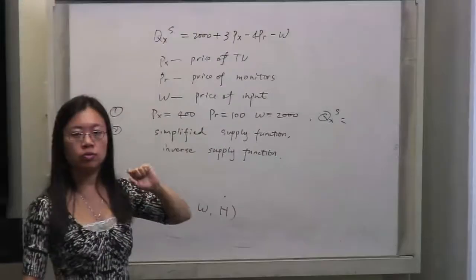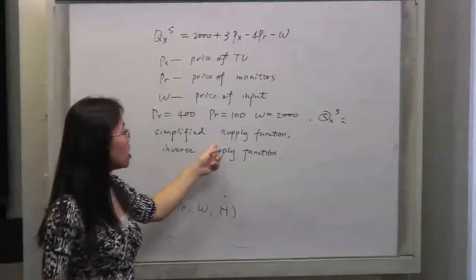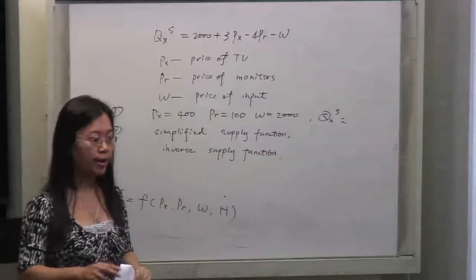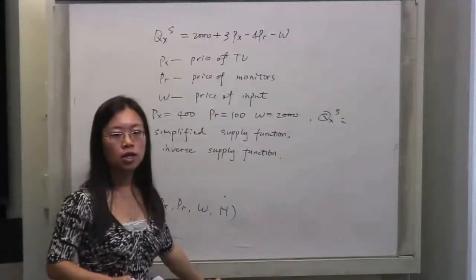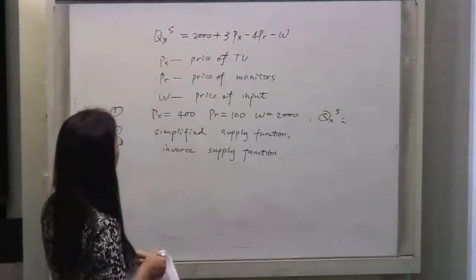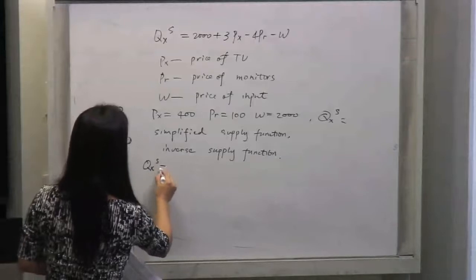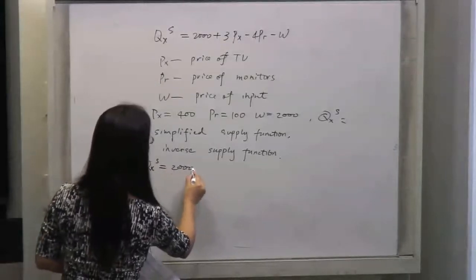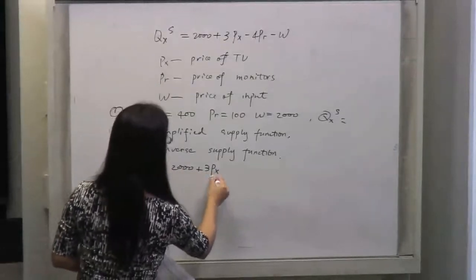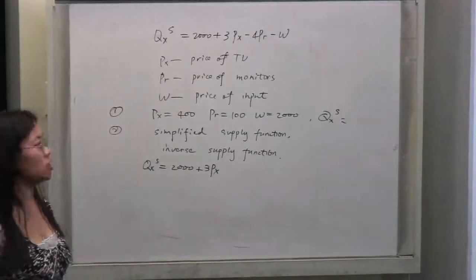Okay, so is everyone clear on this? How do we find the simplified supply? Can you do an example of it again? Okay, we're going to keep PX right here. We're not going to change it.